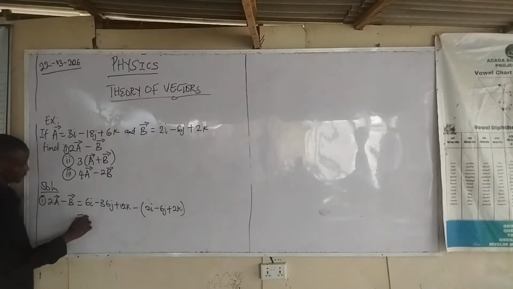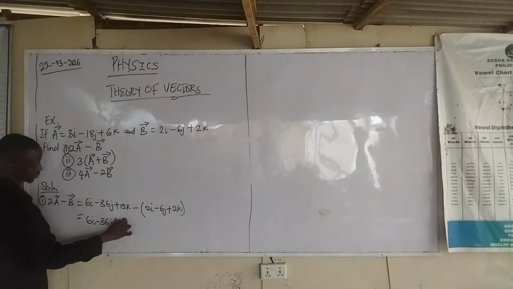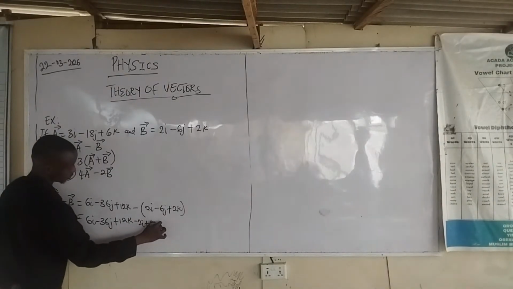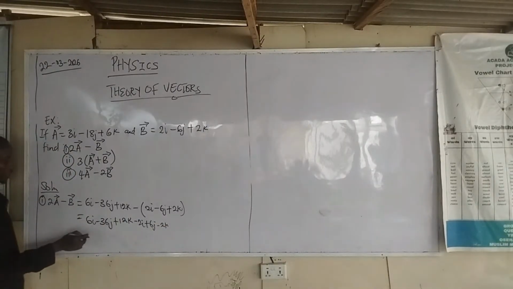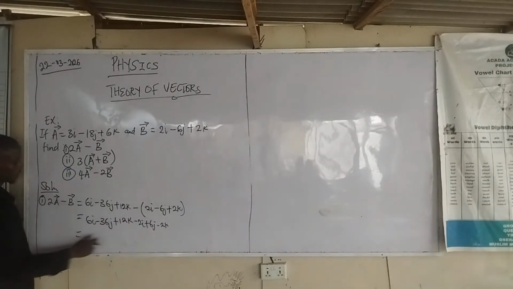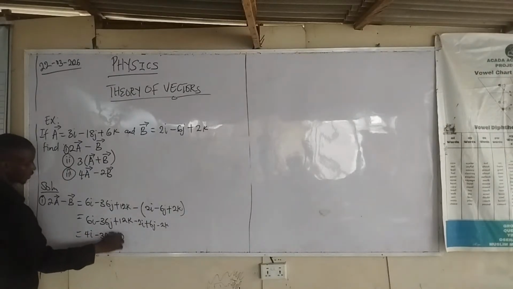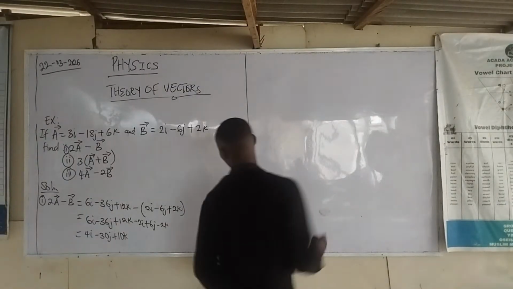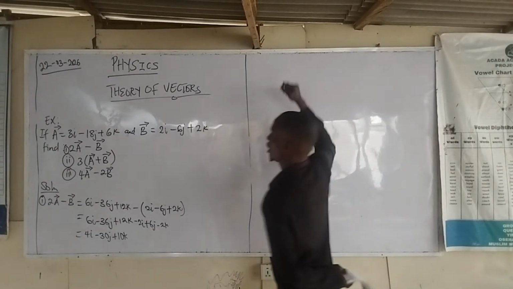So we have 6i minus 36j plus 12k minus 2i plus 6j minus 2k. So 6i minus 2i is 4i, then minus 30j, and 10k. All right. The next one.